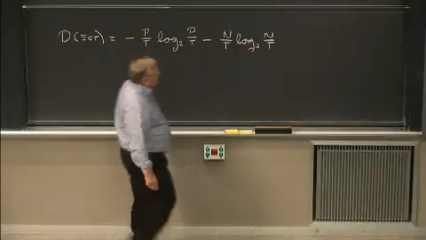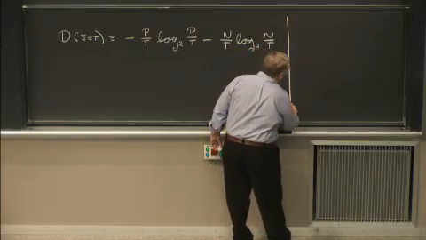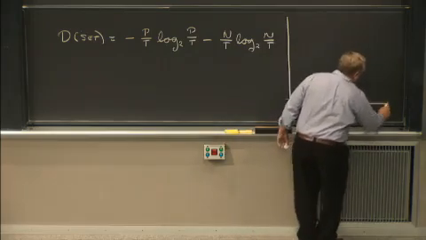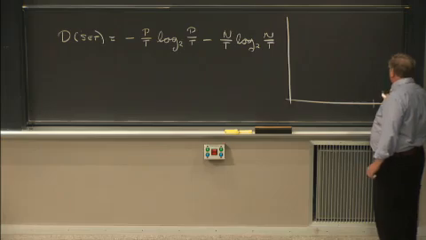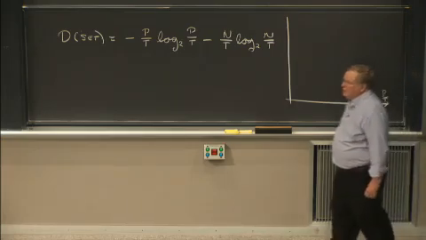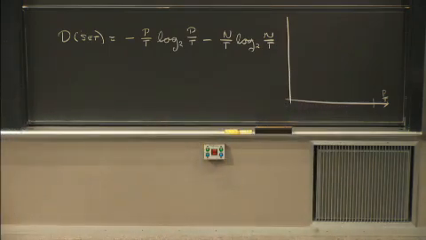And maybe we ought to draw a graph of what that curve looks like. And what we're going to graph it against is the ratio of positives to the total number. So that's going to be an axis where we go from 0 to 1.